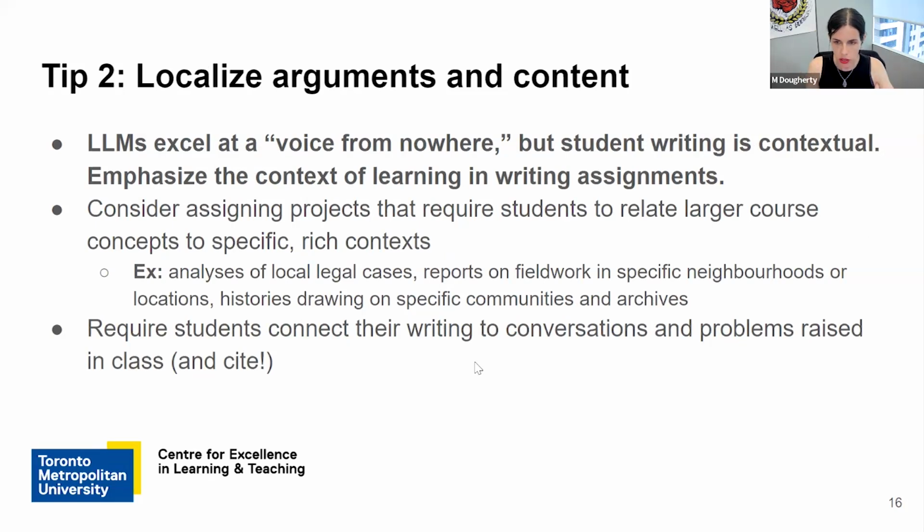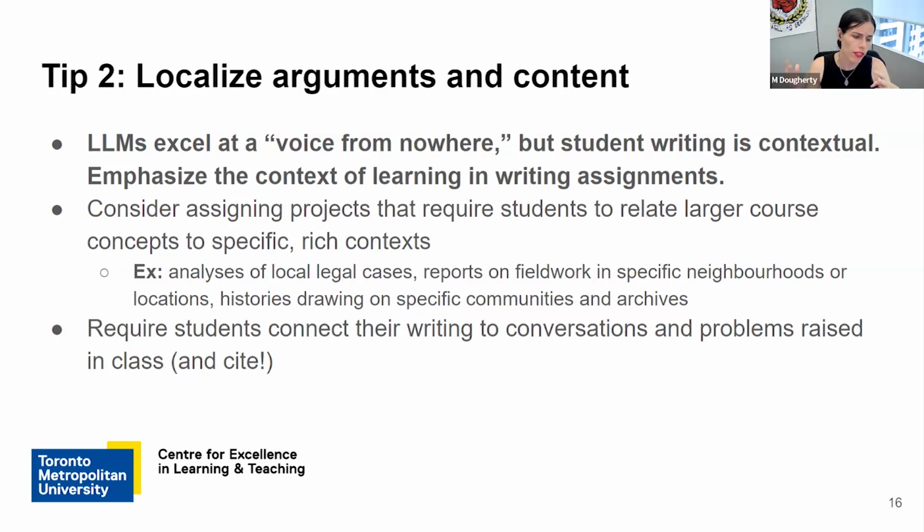In response to the ways that LLMs write, which is with a sort of voice from nowhere that has only a general idea of any contexts, I would also encourage you to think about ways that you can relate writing projects to specific rich contexts.